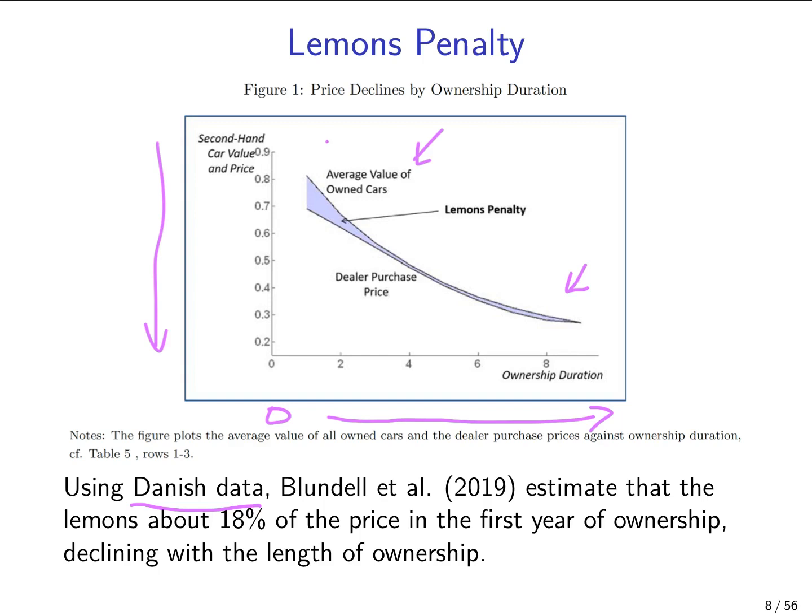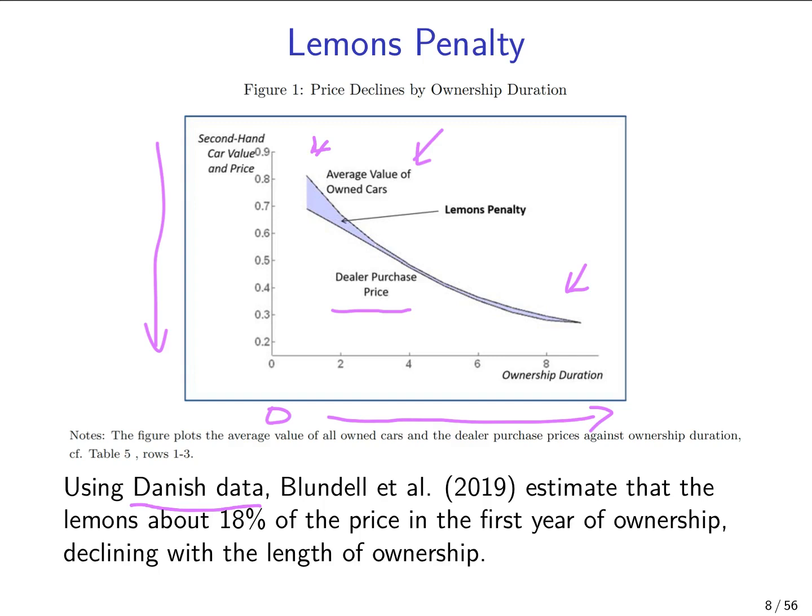So this is the upper curve, but they also look at the price at which dealers purchase used cars. And again, not surprisingly, the purchase price drops as the car gets older. But there's a gap between these two.